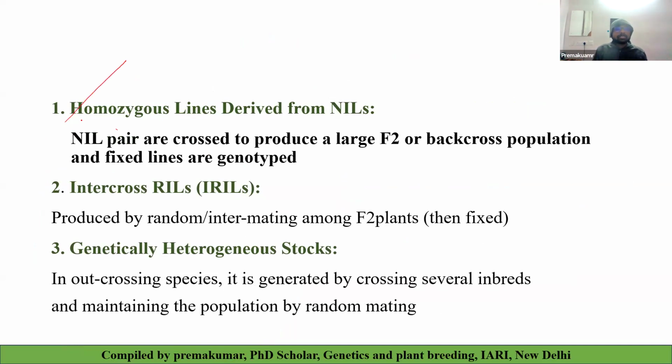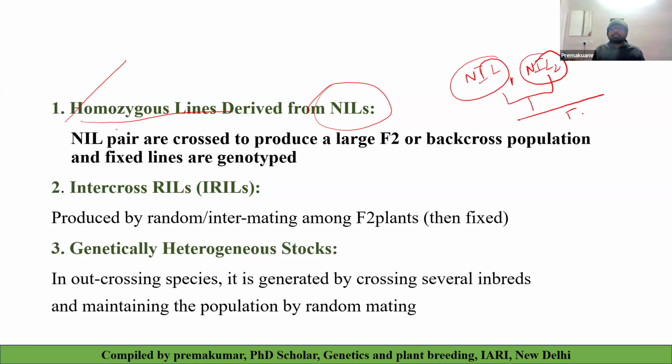The first method is creating homozygous lines derived from near isogenic lines. You develop contrasting NILs, NIL 1 and NIL 2. Then you cross these NILs and generate an F2 population. Then you do mapping in this population, because when you are crossing the NILs, they differ only in the gene of interest.